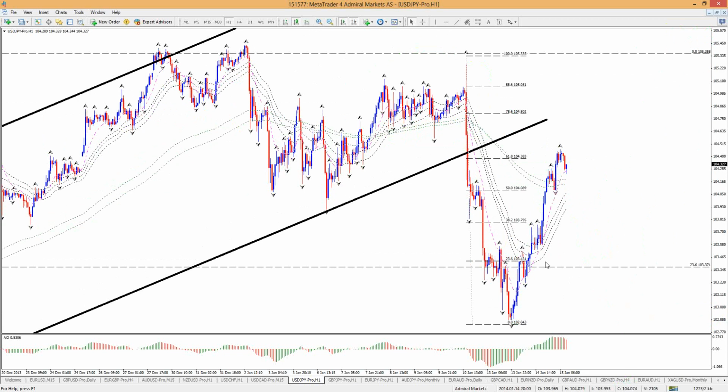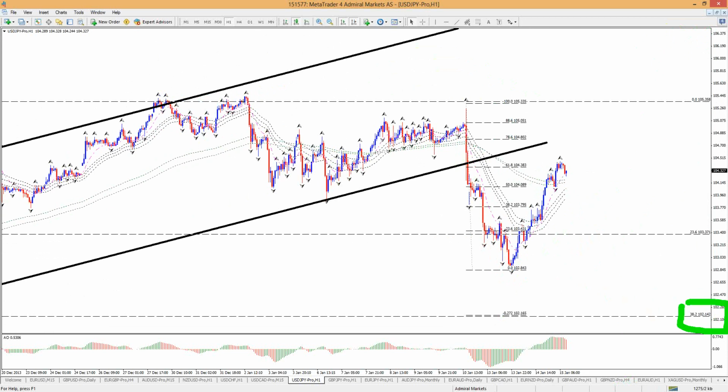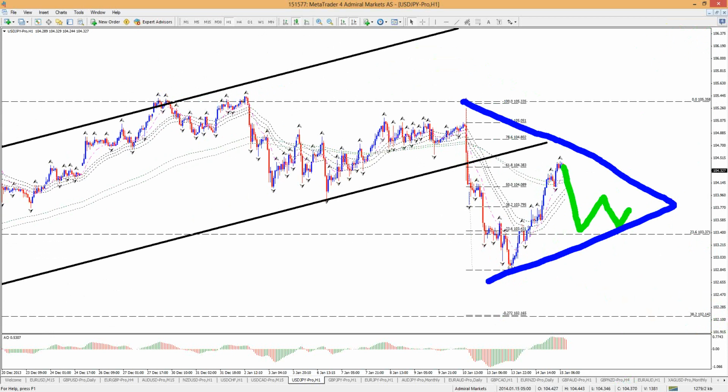But at the moment, I'm only bullish or want to trade it, let me say it this way, off of the 38.2 here to the upside. Or if we get a triangle formation here, like this, then I'm willing to take the breakout to the upside.